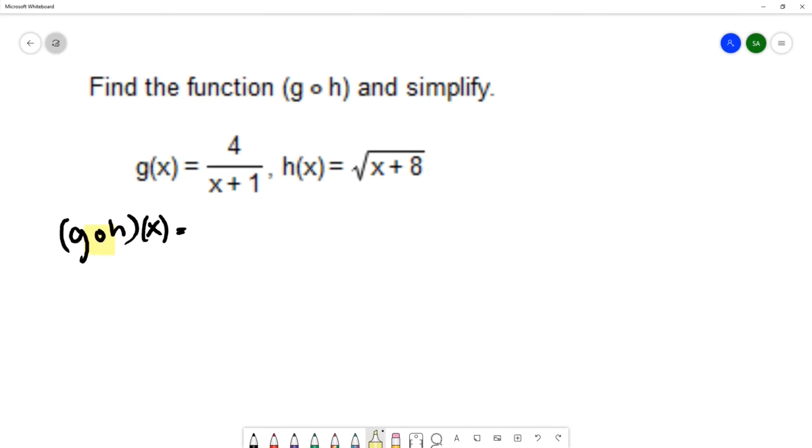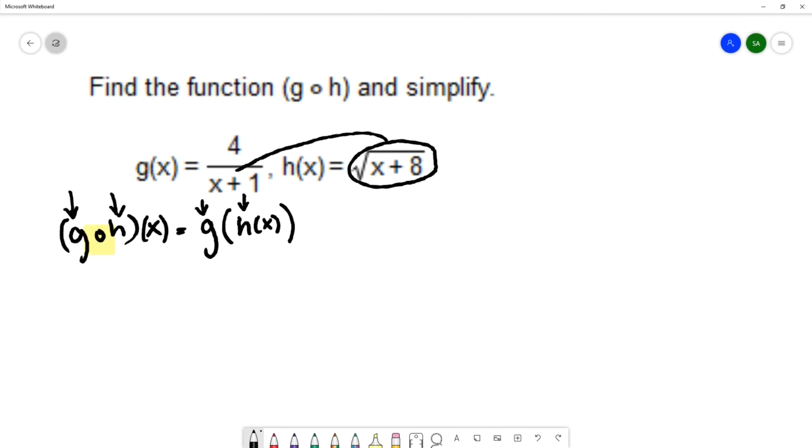And the meaning of this operation is to substitute one function inside of another function. So what that means symbolically is that h of x gets substituted inside of g of x. Whichever function is listed first is the outer function, and whichever function is listed second is the inner function. So we want to substitute h of x, this h of x that was given to us, in for x.